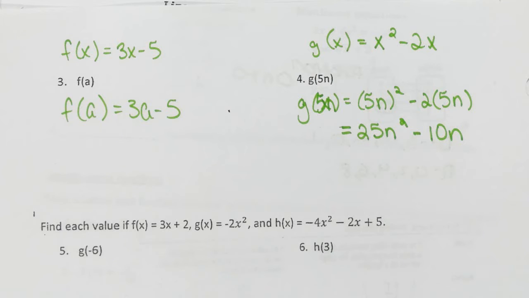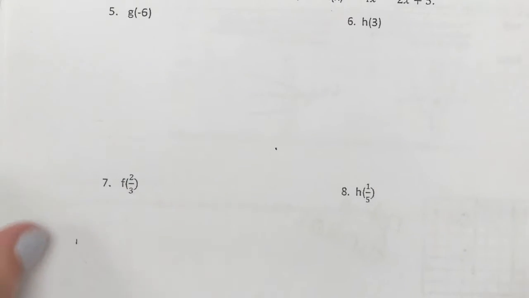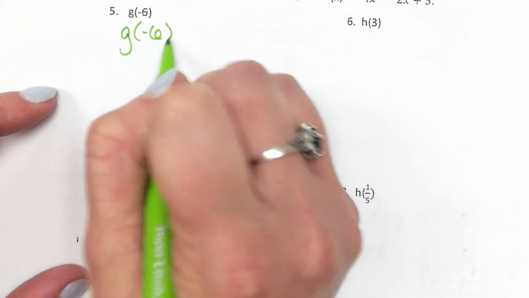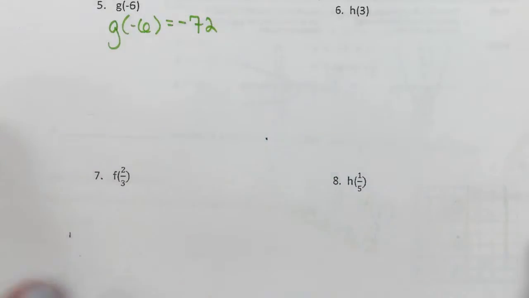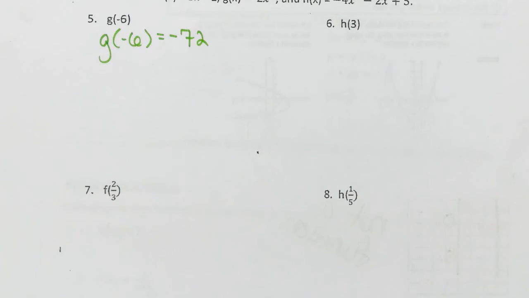Tiger, how we doing on time? 2 minutes. One more minute, then we can pack up. All right. Did y'all get negative 72 on the first one? Yeah. Okay. She got negative 72 on that one. What about number 6?